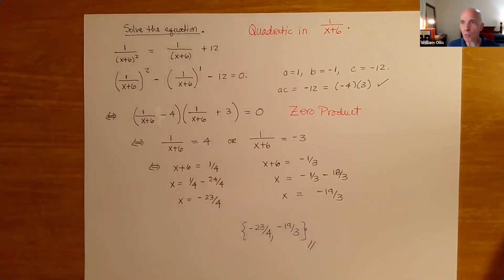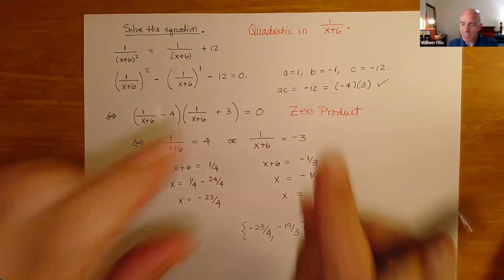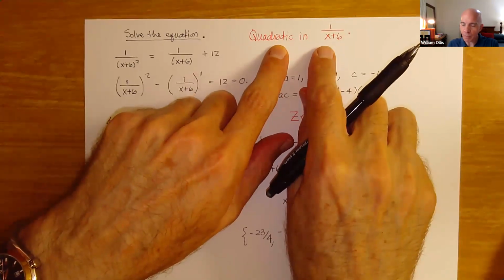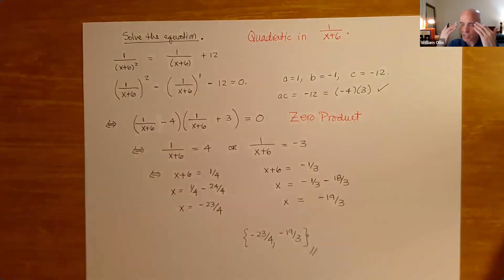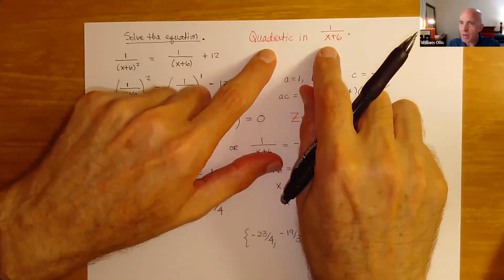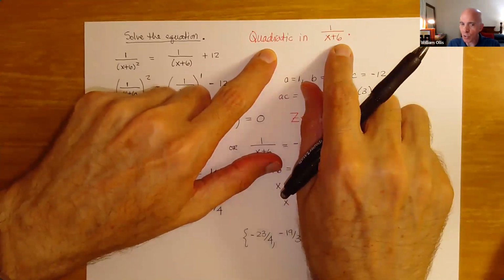So again, quadratic form is actually very illuminating in the sense that it gives you a powerful technique to solve equations that seem maybe complicated. You don't want to expand anything because you want to preserve the form. So it's essential that when you start the problem that you write something like this, that you remind yourself that the equation is quadratic in this term.